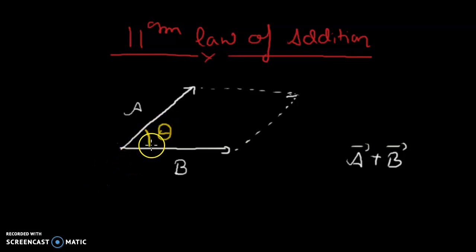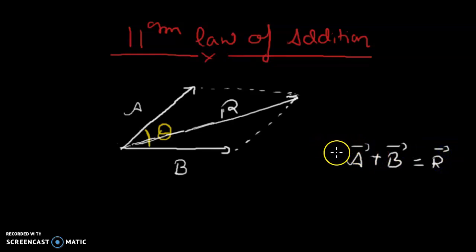Then their resultant is represented by the diagonal of the parallelogram. I make this the whole line, and it represents the resultant of A plus B. So the addition of two vectors is represented by the diagonal of the parallelogram.